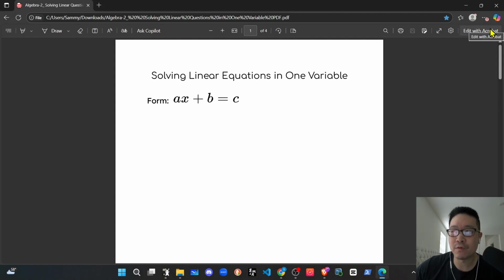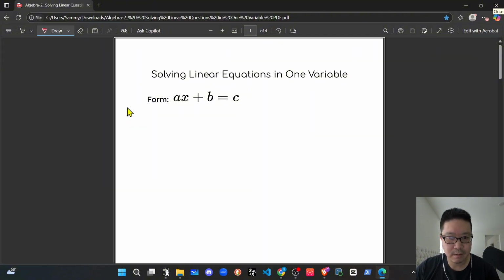We're going to be going over solving linear equations in one variable. Linear equations come in the following form: ax plus b equals c. Some examples of linear equations are 3x plus 5 equals 7.